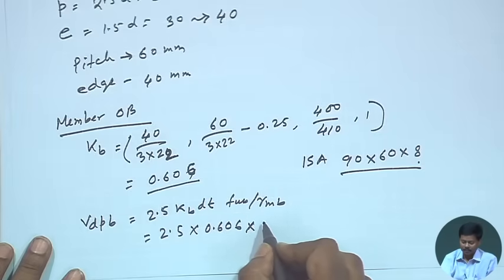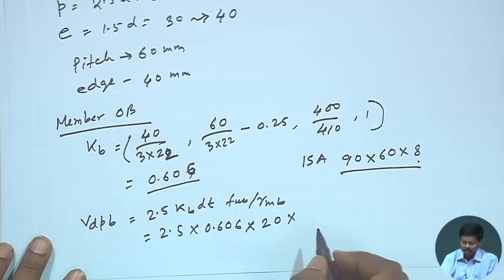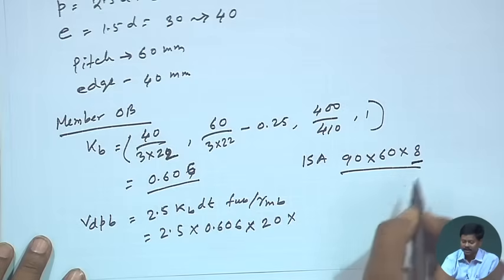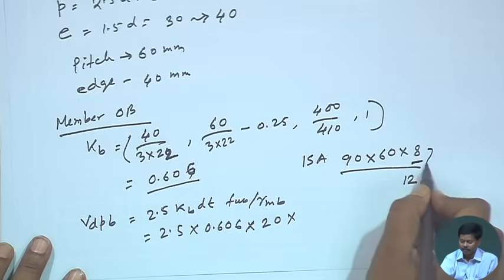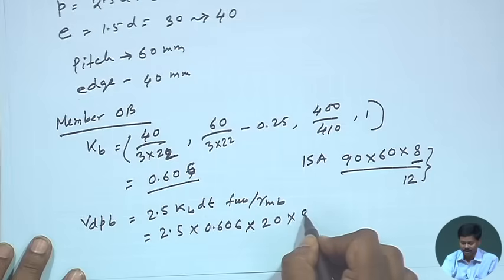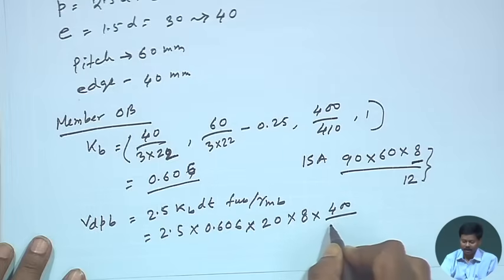diameter of the bolt, that is 20, into t, the thickness of the thinner plate, meaning the thickness of the member. This angle section is 8 and the thickness of the gusset plate is 12. So, the lesser of these two, 8 mm and 12 mm, so we will consider 8 mm, right, and then fub is 400 and gamma mb is 1.25.